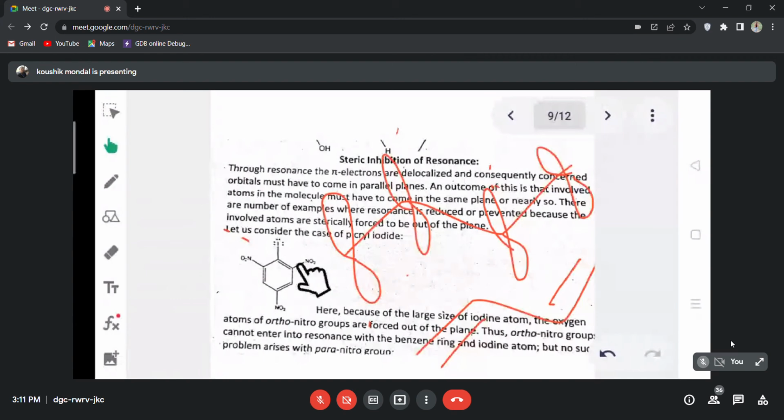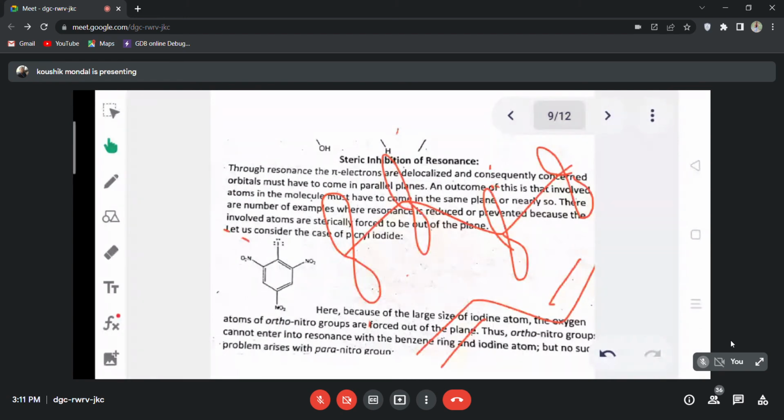But in steric inhibition of resonance, what happens? These iodine and NO2 groups repel each other, and due to this repulsion one group becomes out of plane with the other.